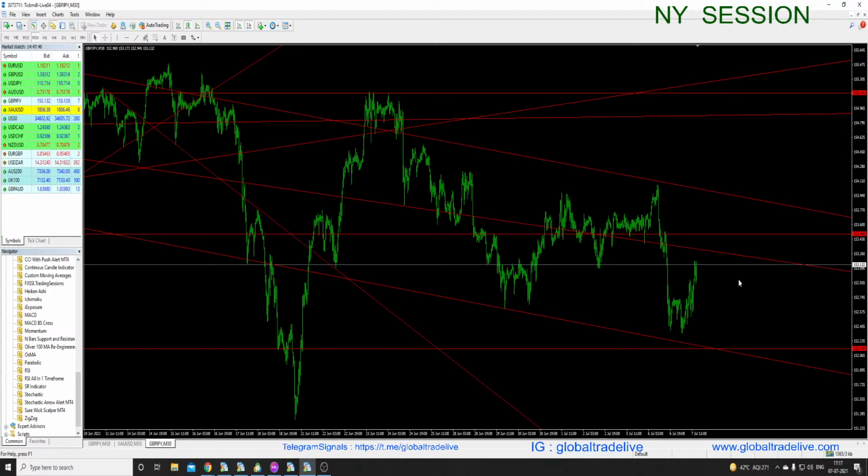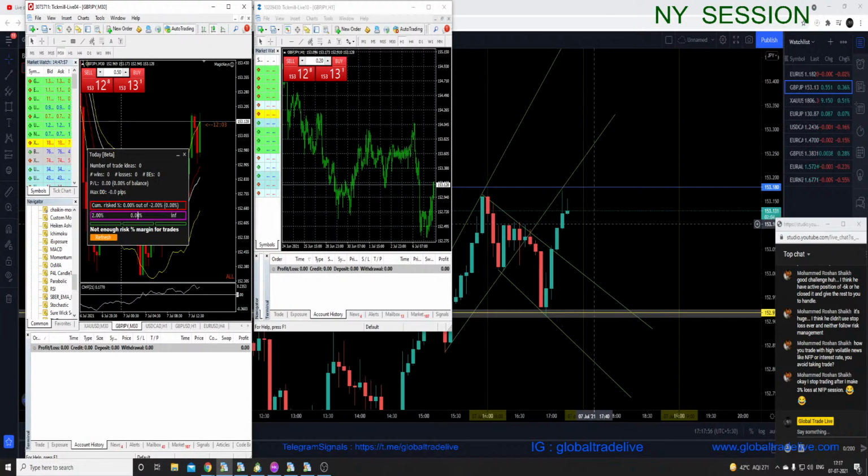By looking at other things here, I really think that GJ will be going down, but okay, nice. It's rejecting this area now. Rejecting this area.